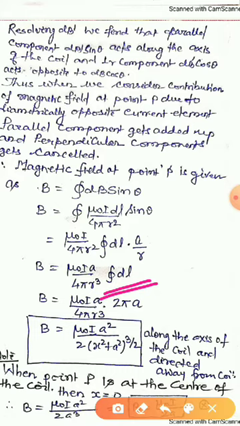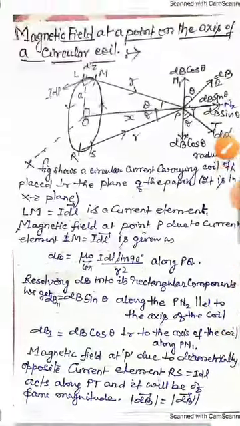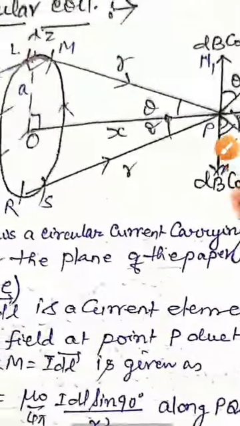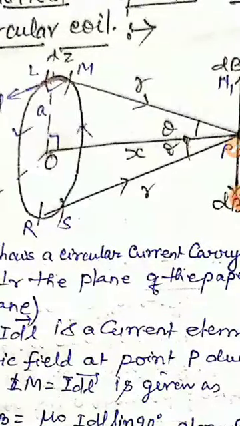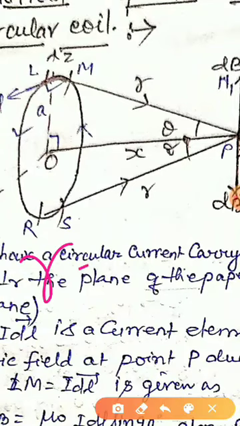And r is... this angle is 90 degrees, so r is equal to root under x square plus a square.